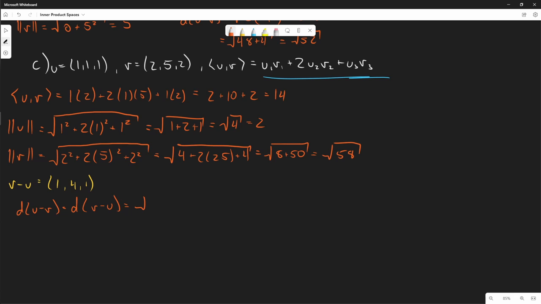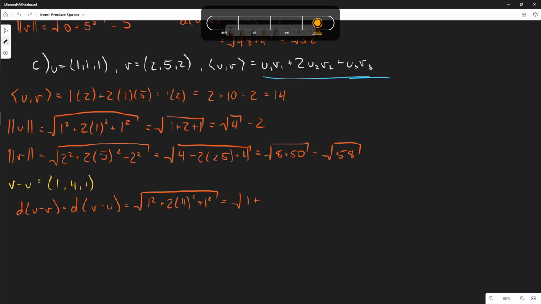So this would be the square root of 1 squared plus 2 times 4 squared plus 1 squared. So all of that under the square root, which would be the square root of 1 plus 8 plus 1, which is not right.